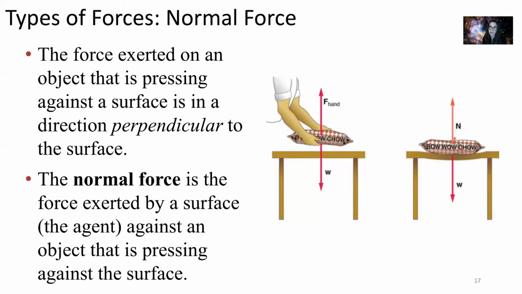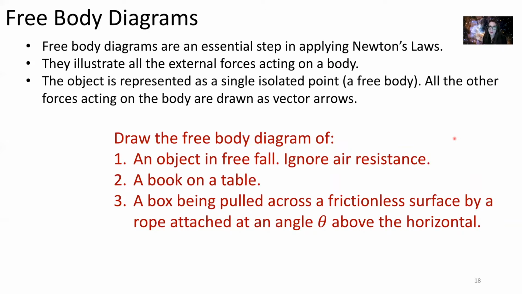That we refer to as being normal. When we're solving problems that deal with Newton's laws, we are going to want to draw pictures. And we're going to want to draw something that we call a free body diagram. Okay, that doesn't mean that it doesn't cost money, but it means that we're drawing all the forces acting on an object.